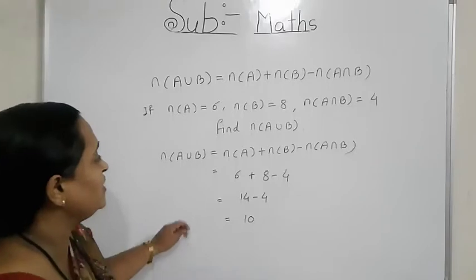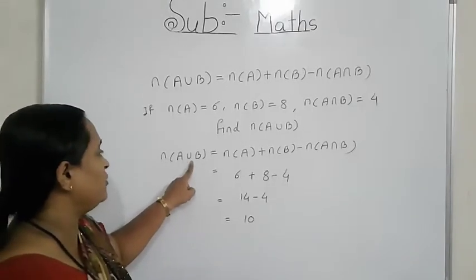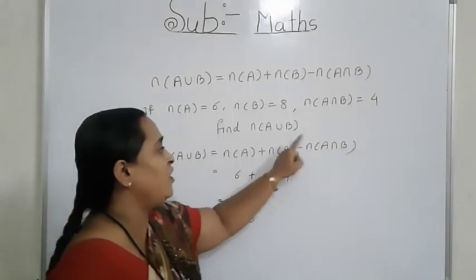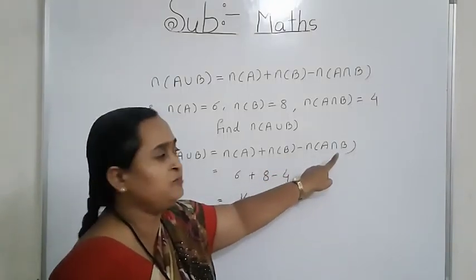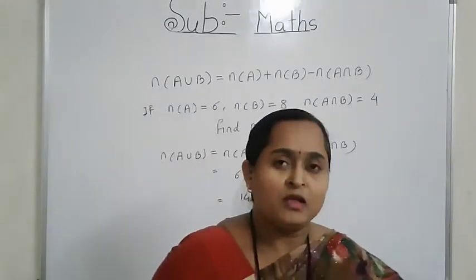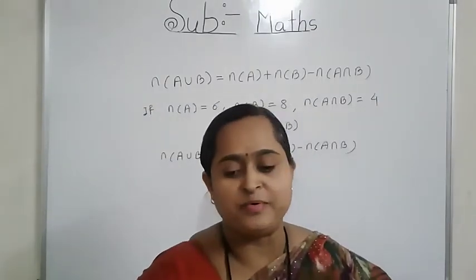Now in this way you can find the value of n of A union B, or n of A, or n of B, or n of A intersection B by using this relation. Now we will see some examples.